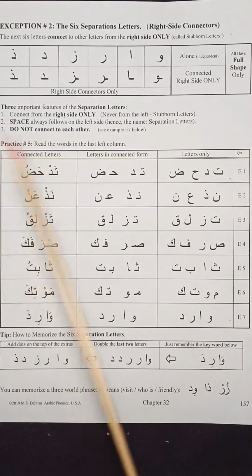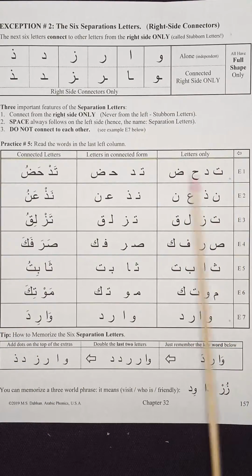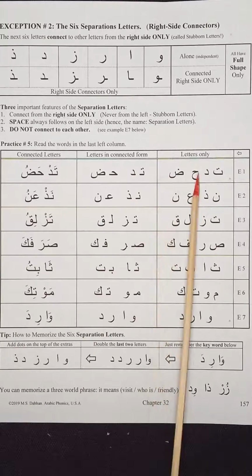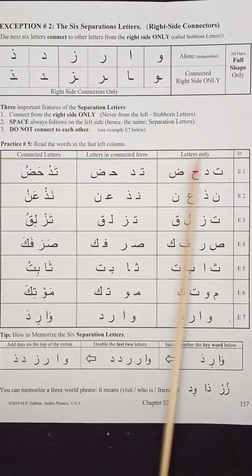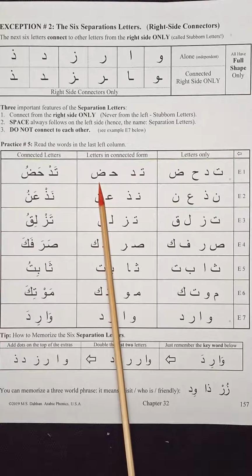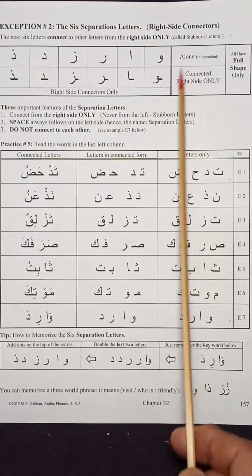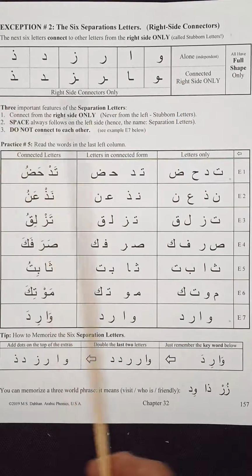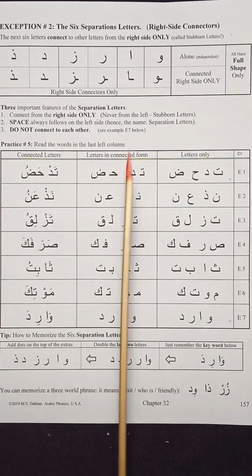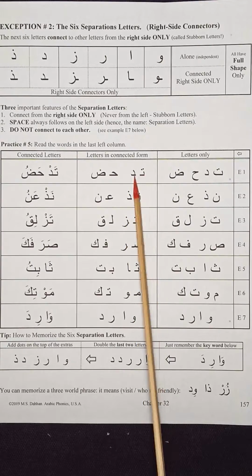Okay. Example, practice number 5. We are on page 157. Example 1. This is four letters. According to the connection rules, the last letter stays in full shape and everything else in half shape. And if some of them don't have a half shape, you use what you have. So we have this and this one, they connect.